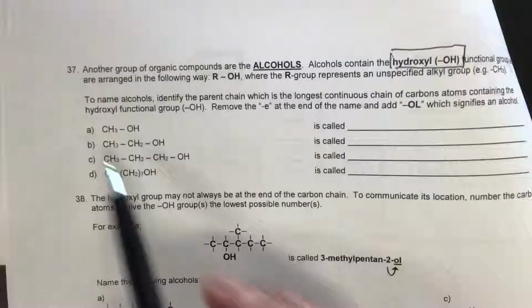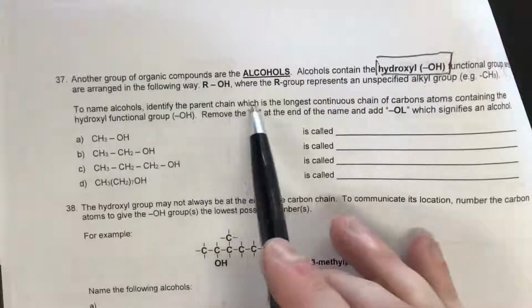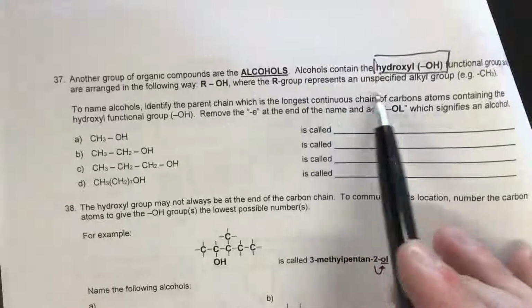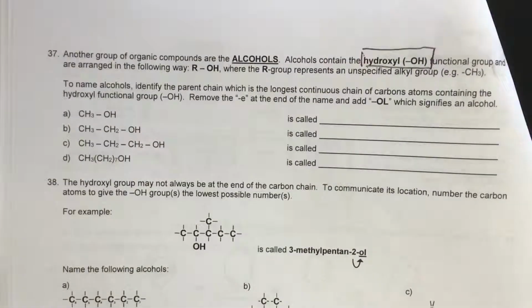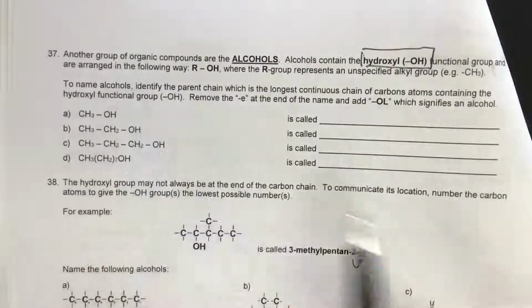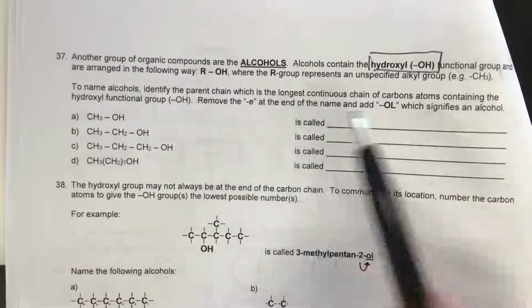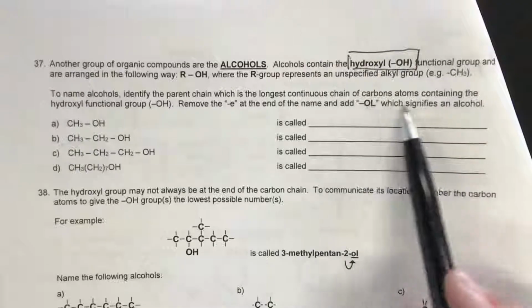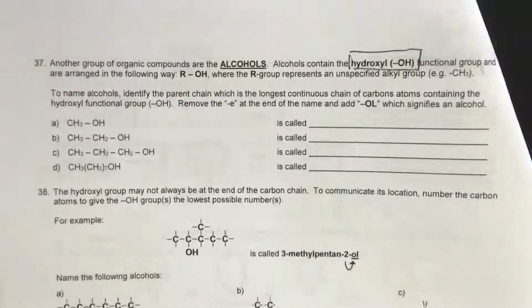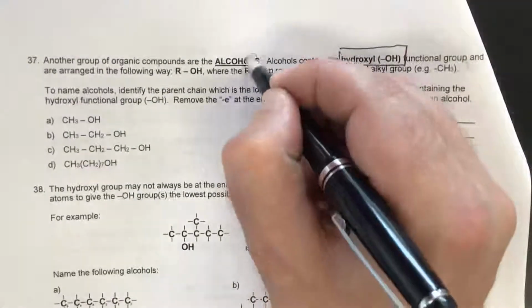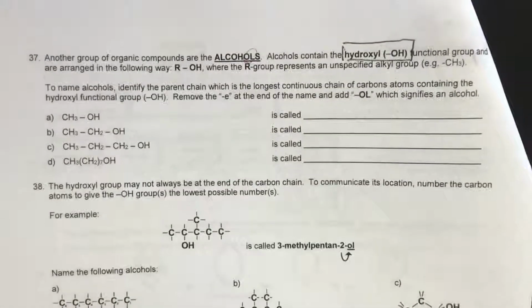So, to name alcohols, identify the parent chain, again, which is the longest continuous chain of carbon atoms containing the hydroxyl functional group. Remove the E at the end of the name and add OL, which signifies an alcohol. Alcohol has OL on the end, so we're going to name these with an OL on the end to say that they're an alcohol.